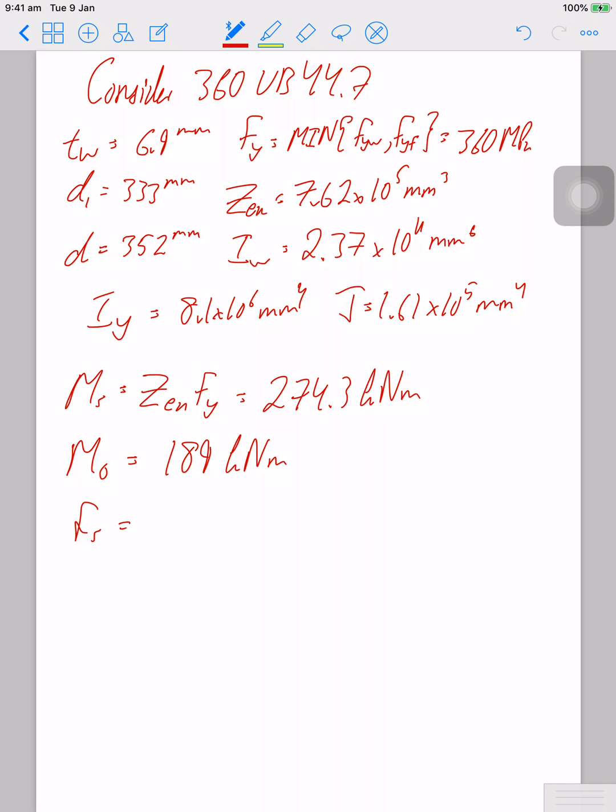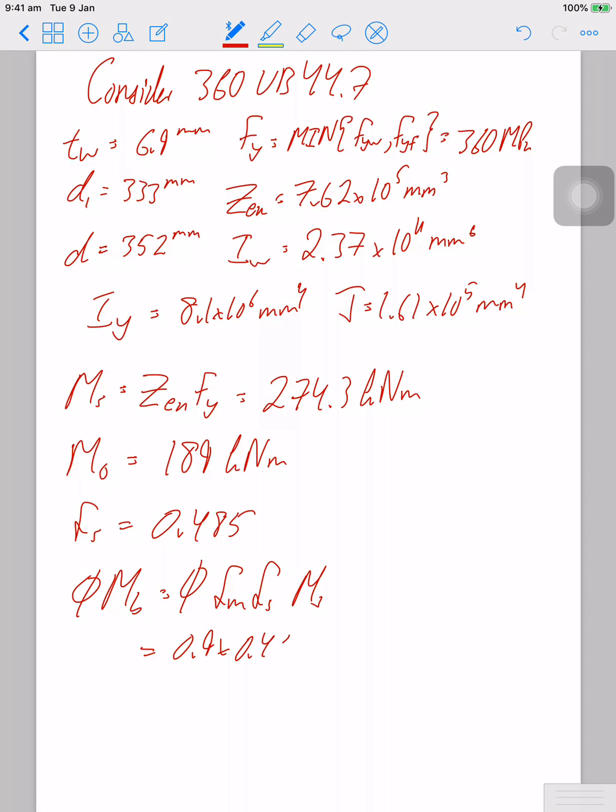Your alpha_s, same formula, comes out to be 0.485. And now your phi M_b is equal to phi M_s times 0.485 times alpha_m, the same, 1.08, which comes up to be 129.3 kilonewton meters.